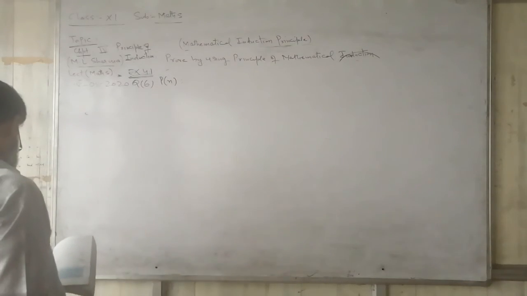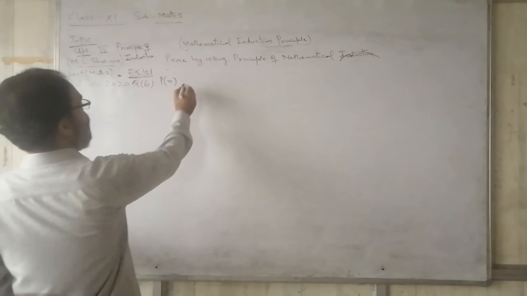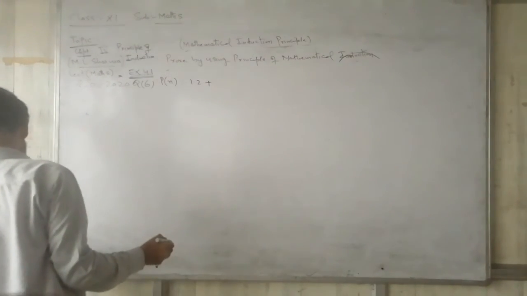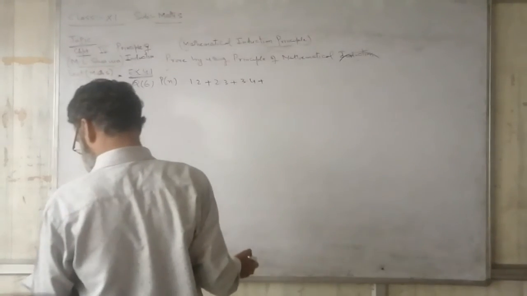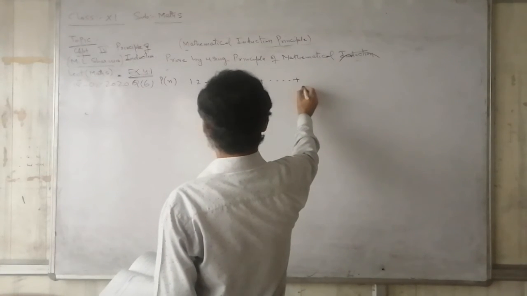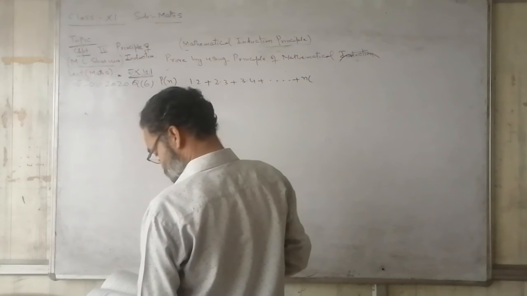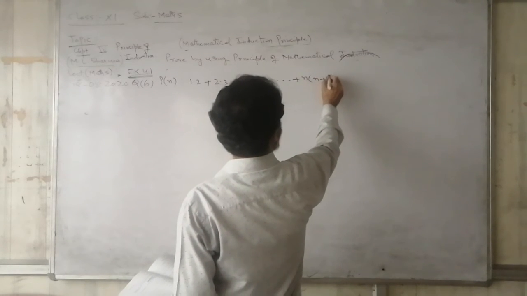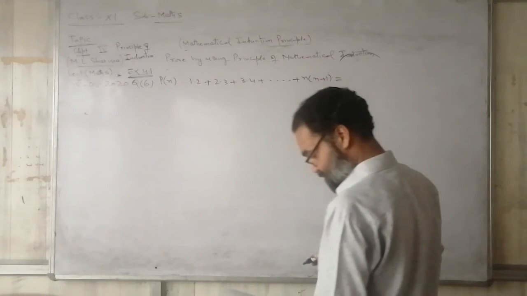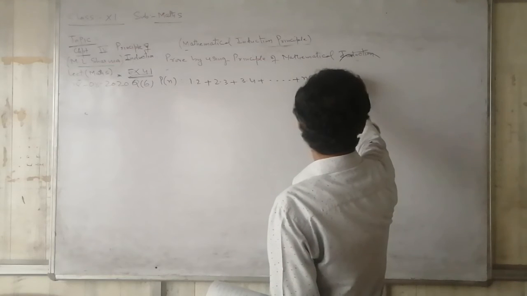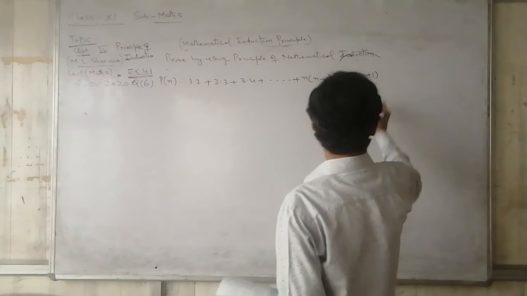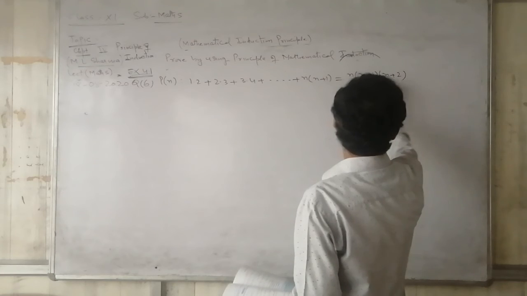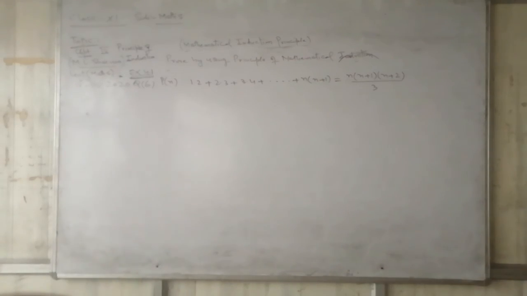The statement Pn is: 1 into 2, plus 2 into 3, plus 3 into 4, plus so on, and the last term is n into n plus 1, and this should equal to n into n plus 1 into n plus 2 upon 3. So this is the question number 6.